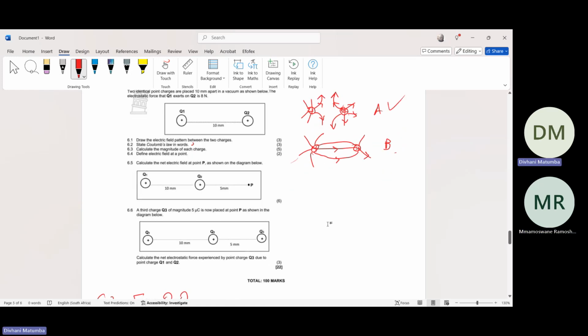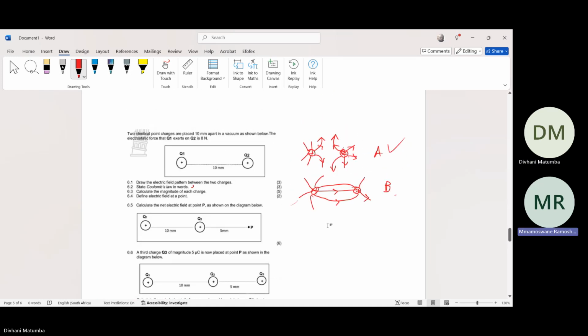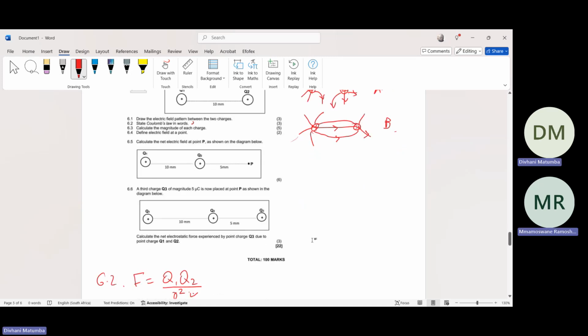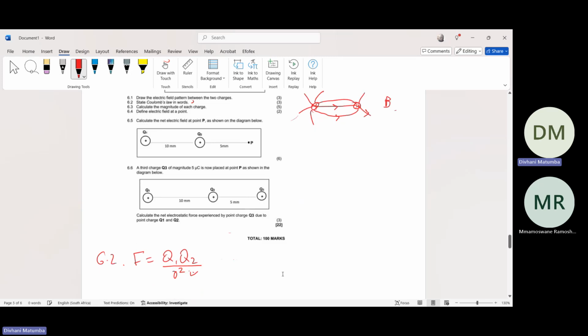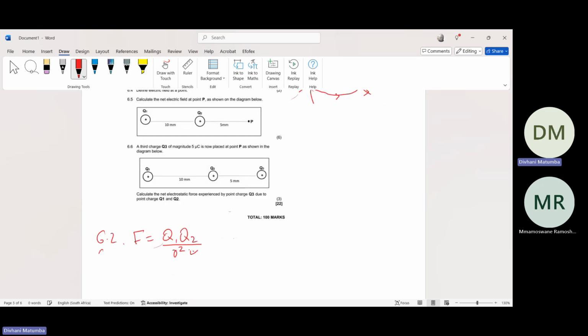So F is 8, right? F is 8. And Q1 is. Did they say? I don't think they said.